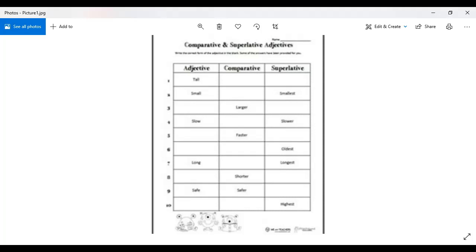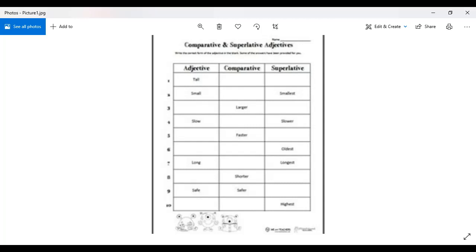Okay, so what would be the word for faster? Fast. Excellent. And what would be the superlative degree? Fastest. Excellent. Okay, what would be the one for long? Longer. And then longest. Excellent.